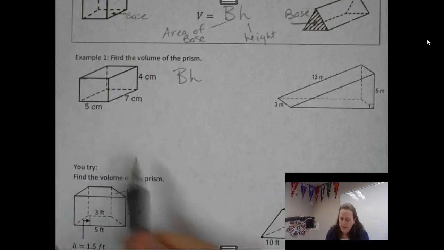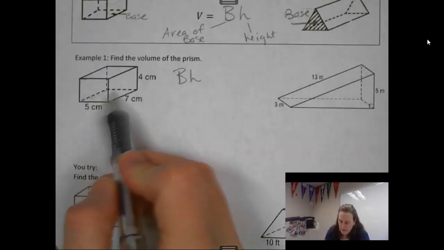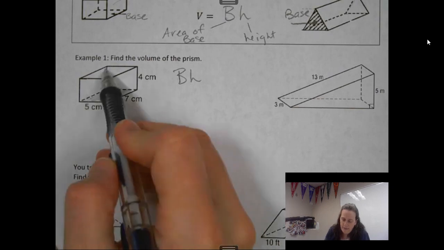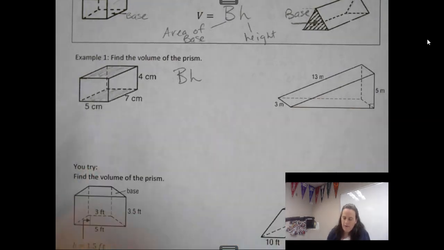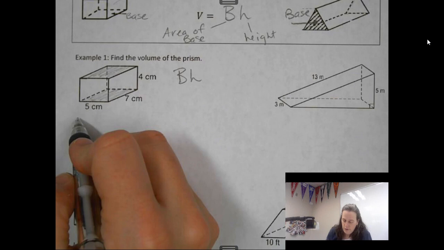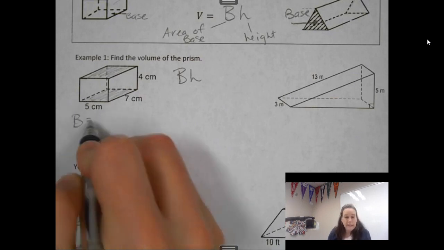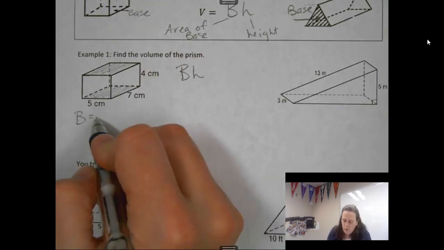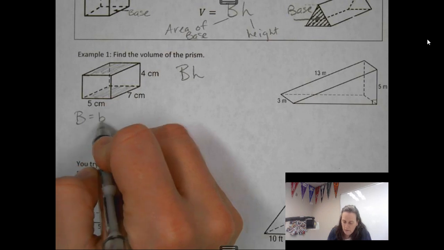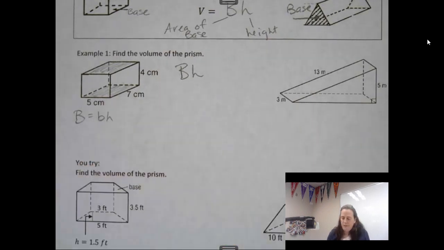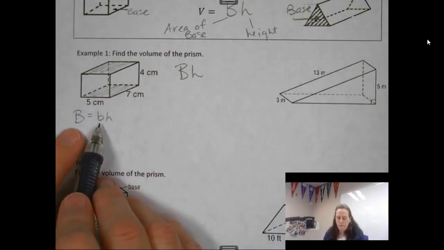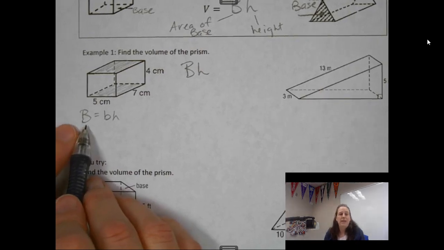So I think I'm going to take the bottom, I'm going to call that one base, and then parallel to that, the top, I'll call that my second base. So the area of the base is, and for a rectangle or a square, we do base times height. Remember, different B's. Capital B is the base of that figure.